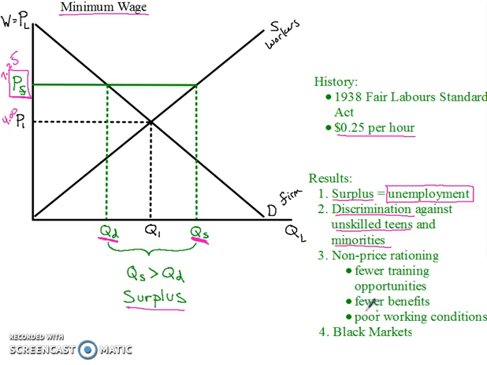Or maybe we may offer fewer benefits. We used to pay $4 an hour and you had a dental plan. Now we pay $7.25 and the dental plan is gone. Or maybe the working conditions might not be as nice. Maybe we used to pay $4 an hour, and we used to have nice furniture, nice couches. We kept the office at maybe 70 degrees.